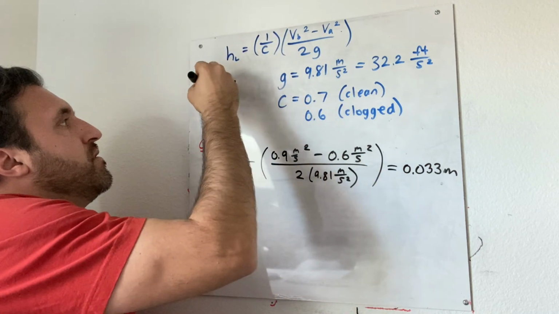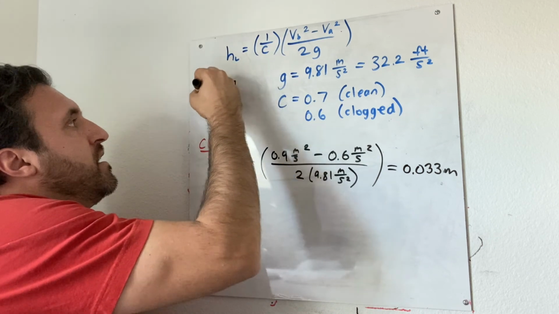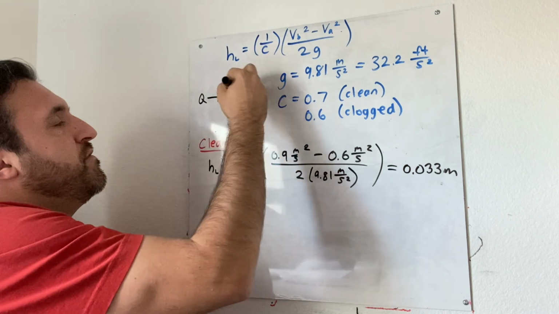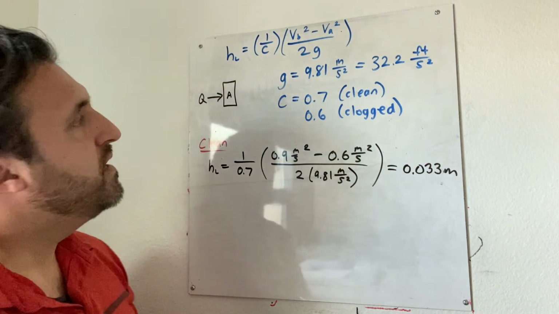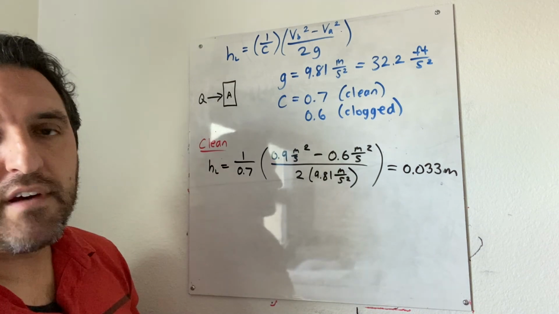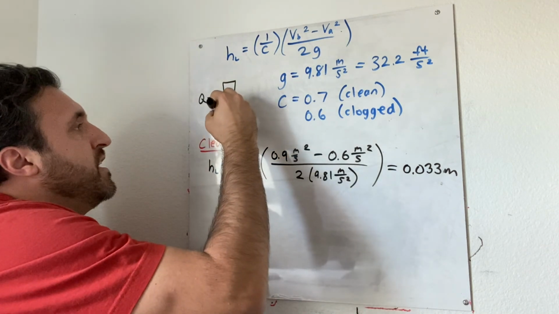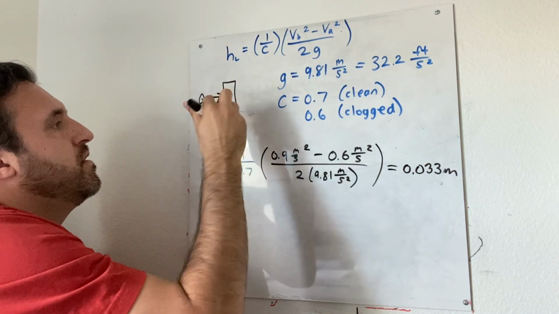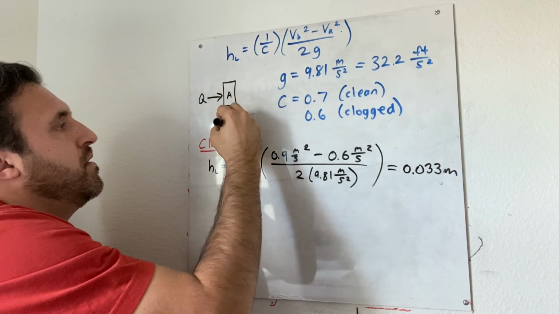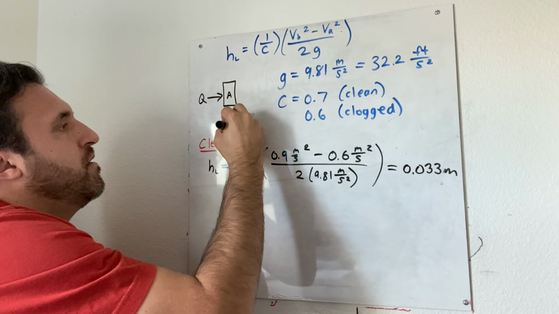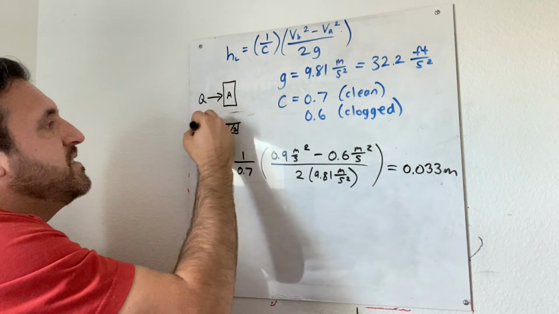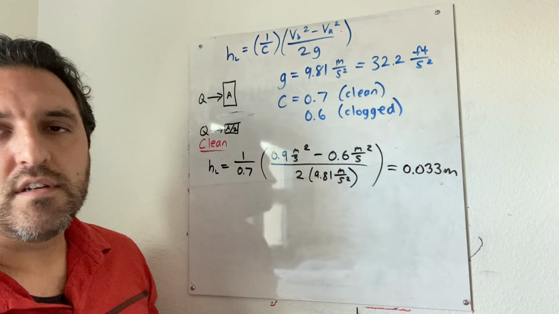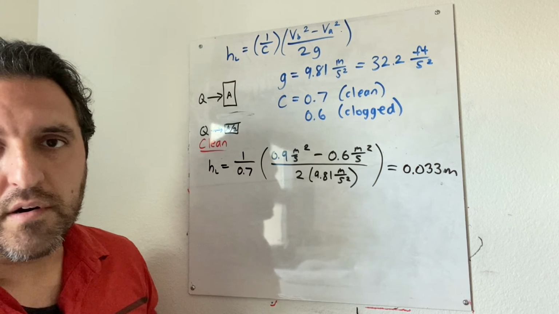an opening through a screen with an area A and a flow rate, the velocity going through that opening is going to be equal to the flow rate divided by the area. If your area is reduced by half, and you've got the same flow rate going through that smaller area, then of course your velocity going through that area is going to double.